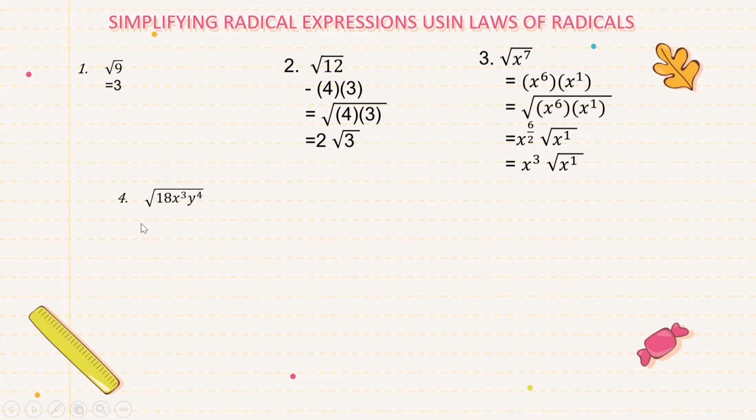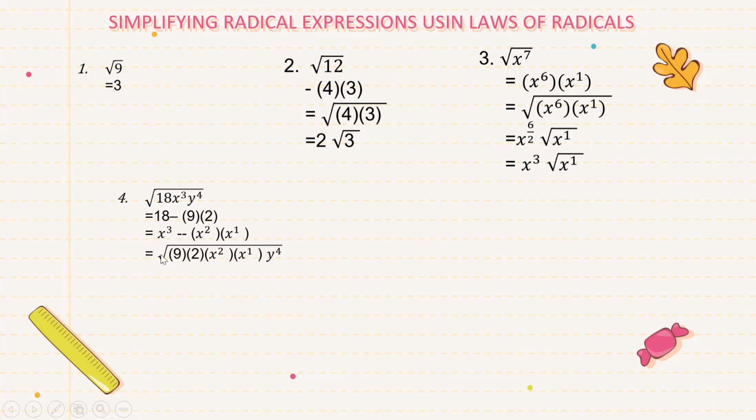Number 4, square root of 18x cubed y raised to 4. Ang una muna nating hanapan ng factor is yung 18 since it's not a perfect square. So the factors of 18 na gagamitin natin is 9 and 2, and also ikunin din natin yung factor ng x cubed. So that would be x squared and x raised to 1.